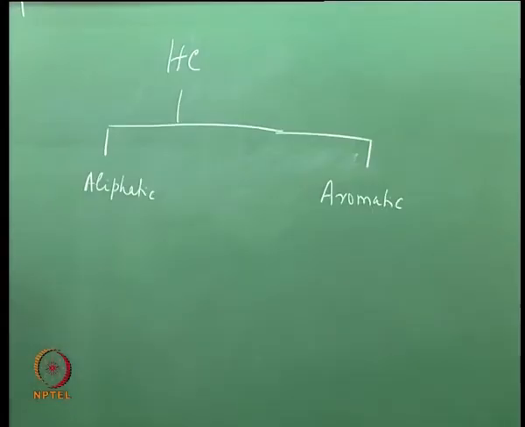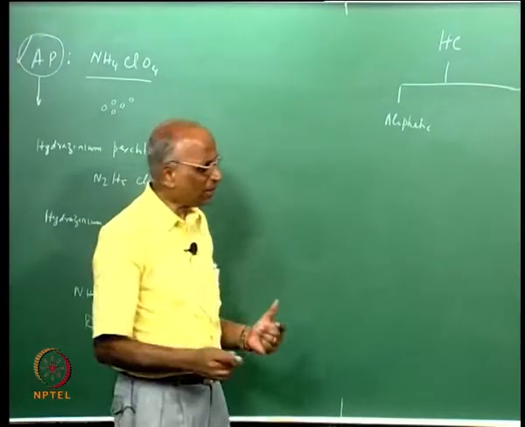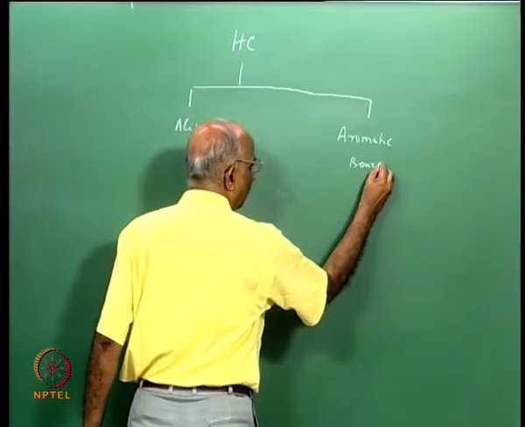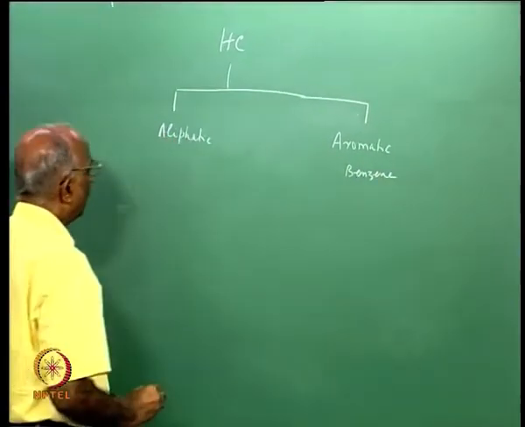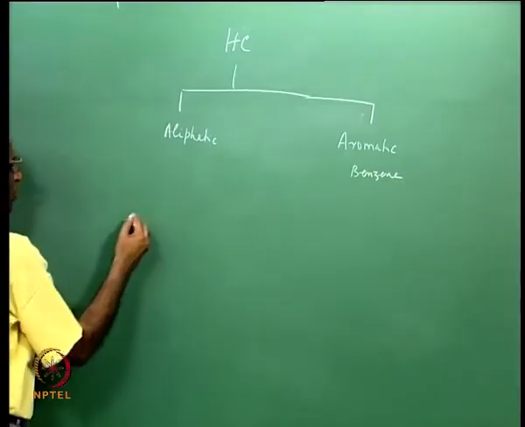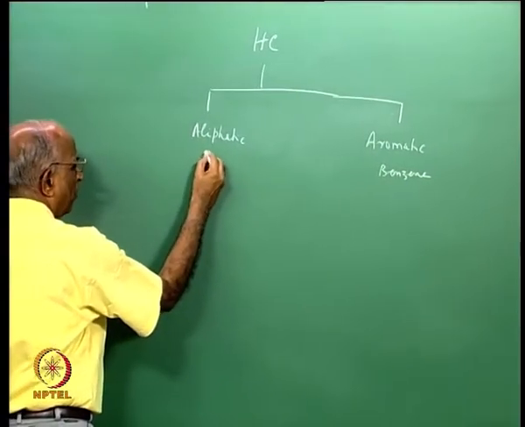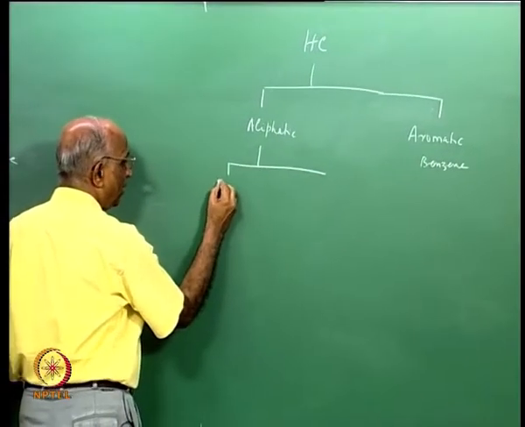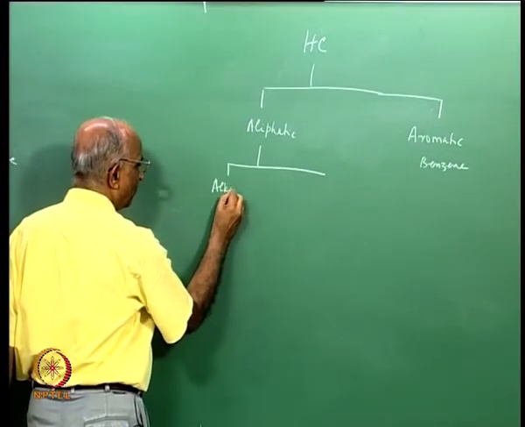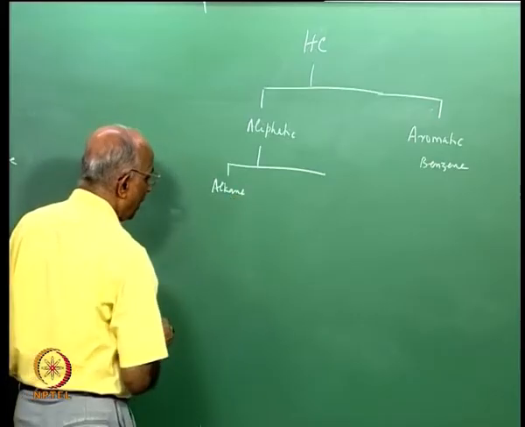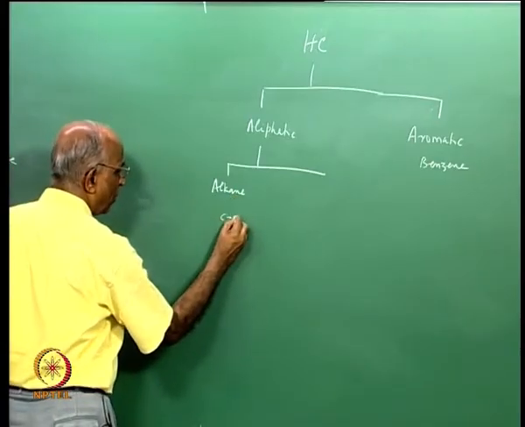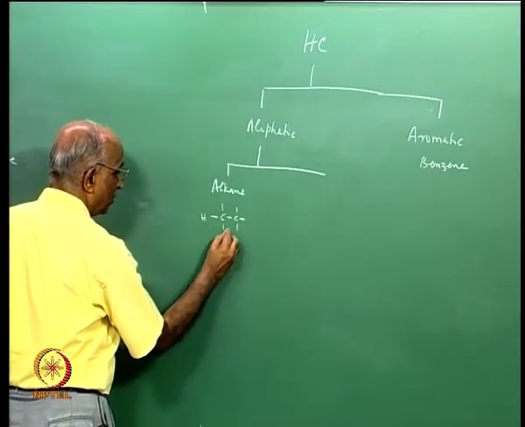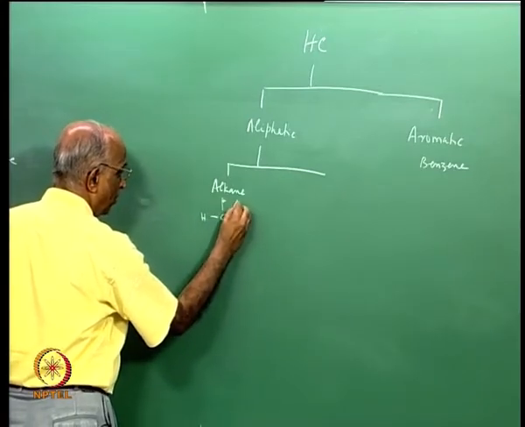Aromatics are those which have a strong smell, and why does the smell come? Because you have the benzene molecule in it, whereas aliphatic compounds are either straight or poly chain compounds. These could be saturated, which we call alkanes. What do you mean by saturated? All straight chain compounds, with carbon chains all straight.